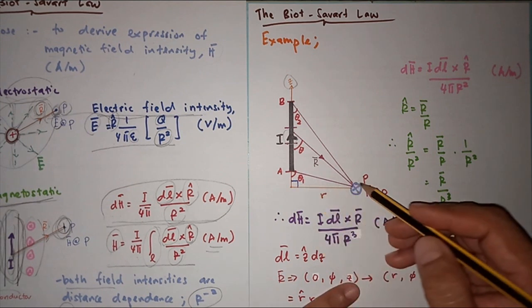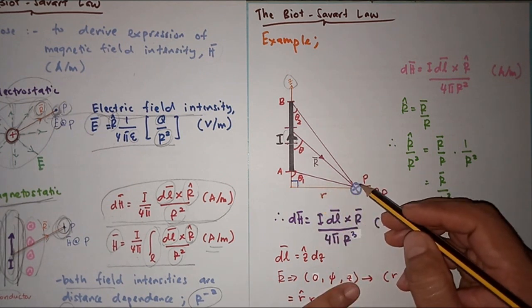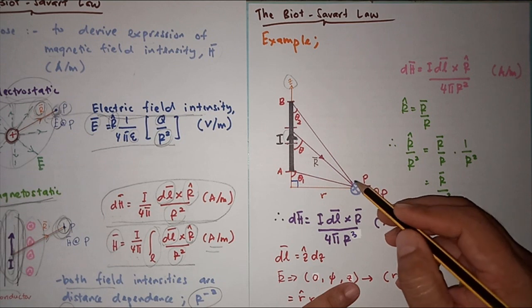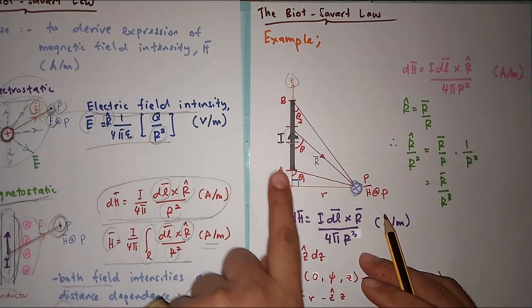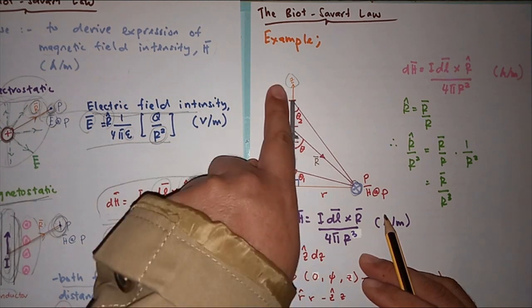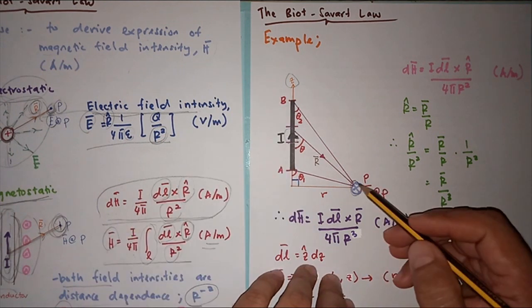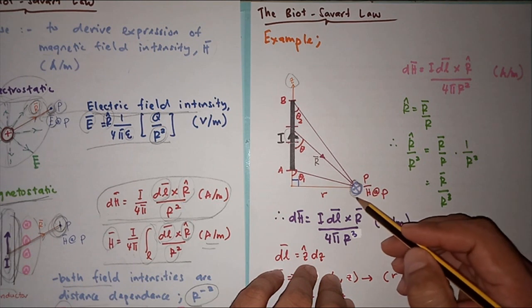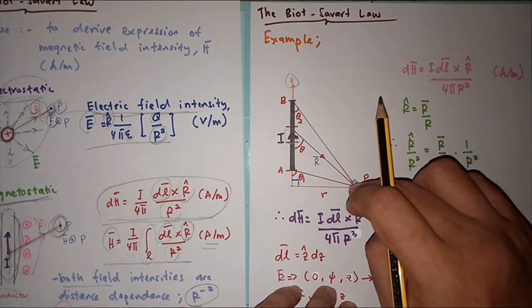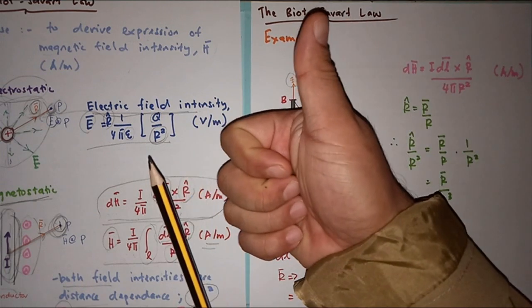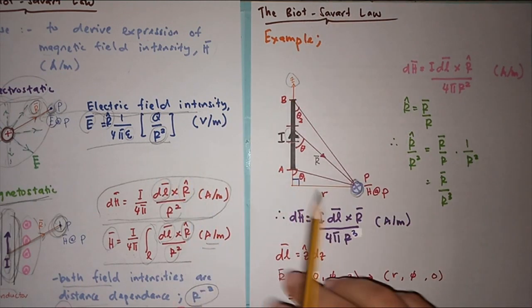We need to find the expression for the magnetic field intensity at this point. Because the current is flowing in the z direction, our field intensity here will be flowing inside our page, by referring to the right hand rule as I mentioned just now.